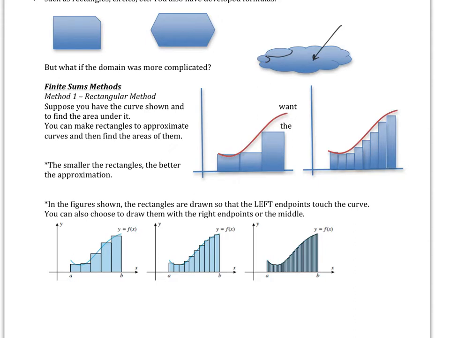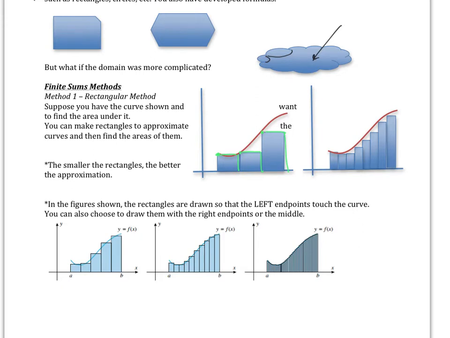So with this rectangular method, suppose you have this curve, you can find the area under it, you can make rectangles to approximate and find them. Now you should notice something here. As I do these rectangles, I'm going to pick a point on the curve, go across, and come down. Pick a point on the curve, go across, come down, and I've made these rectangles.